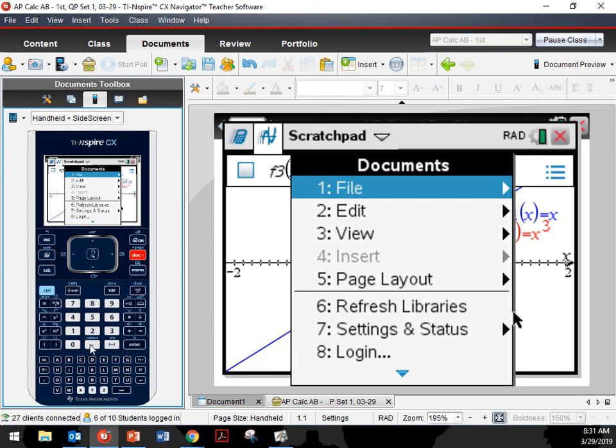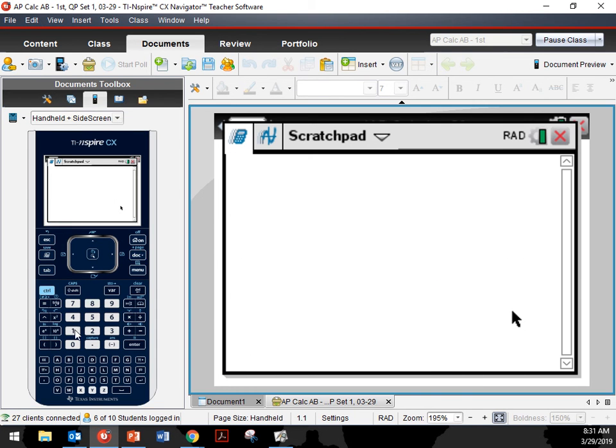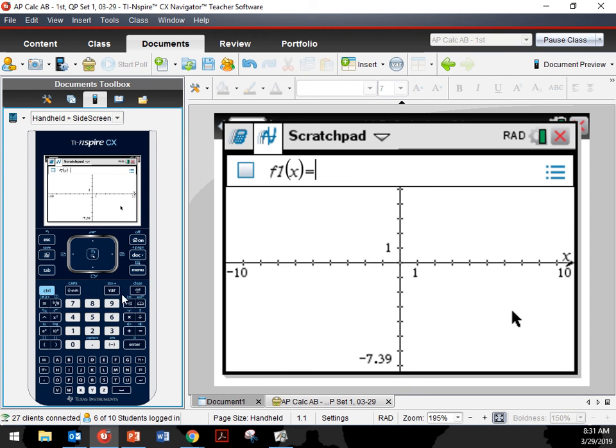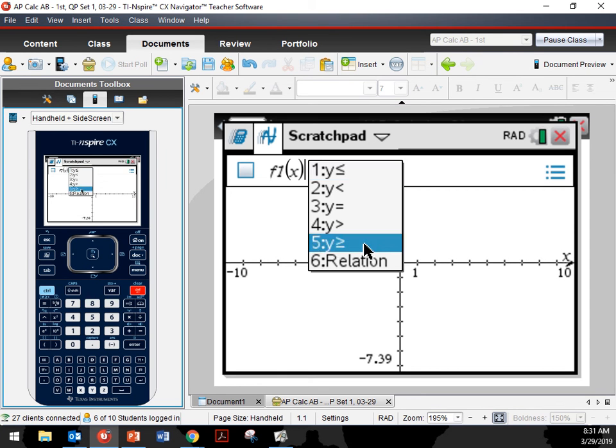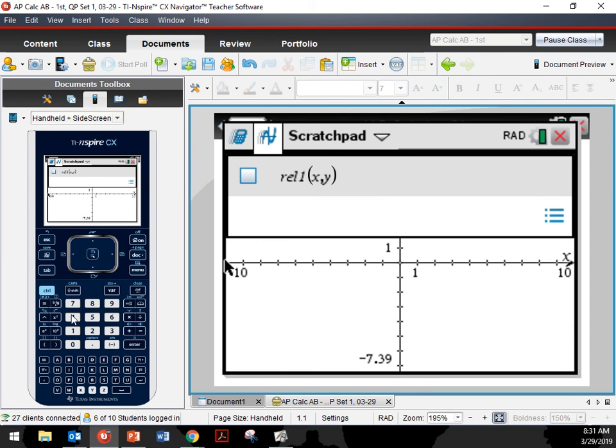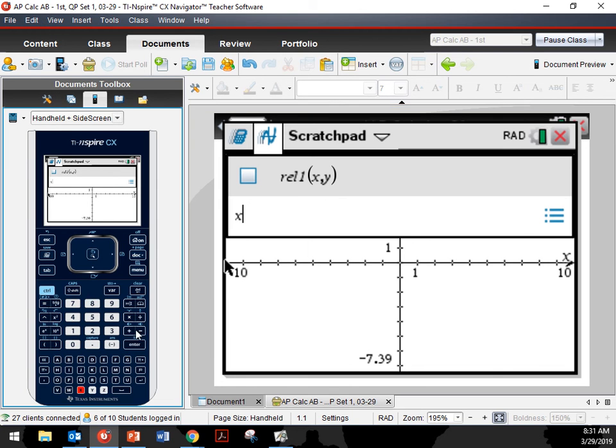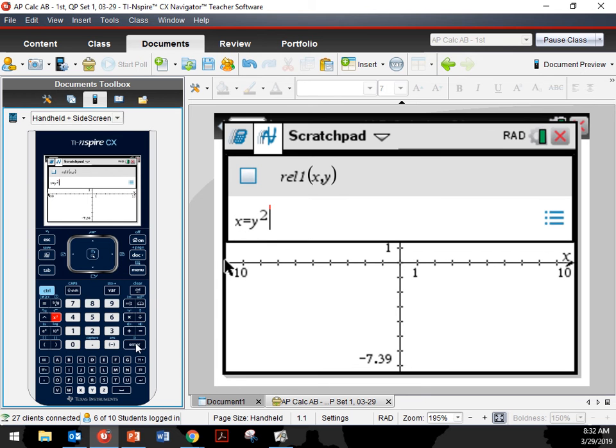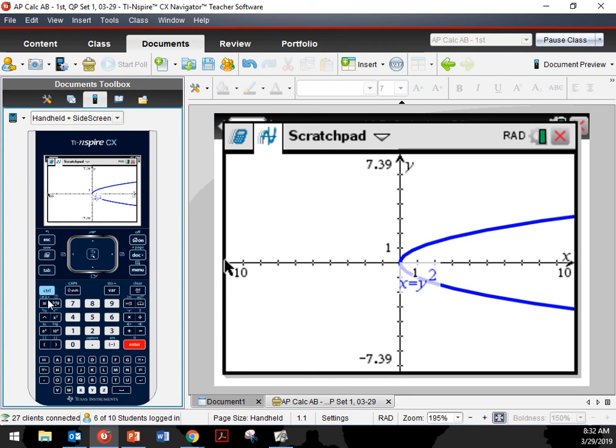Your second graph is supposed to be like y squared and y plus 2. One is y squared and the other one is y plus 2.